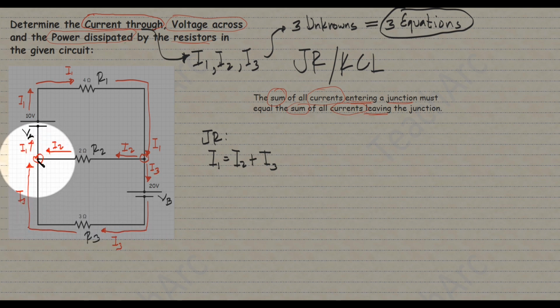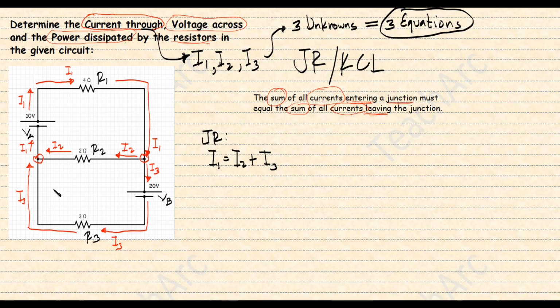If you are wondering, the same thing applies in the other junction: I3 plus I2 is equal to I1, because I2 and I3 are entering the junction and I1 is leaving the junction. I will only use the first one, and it will be our first equation.